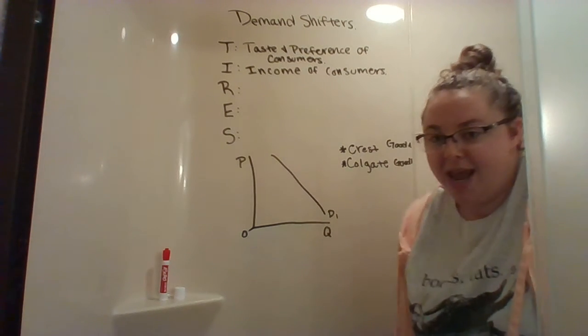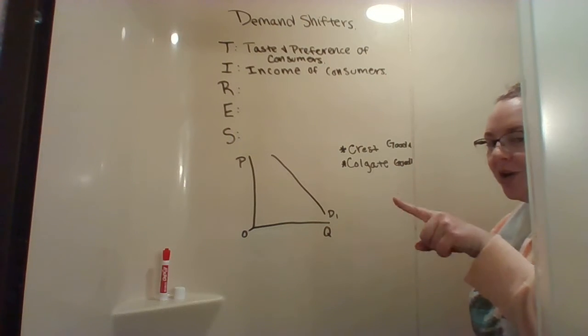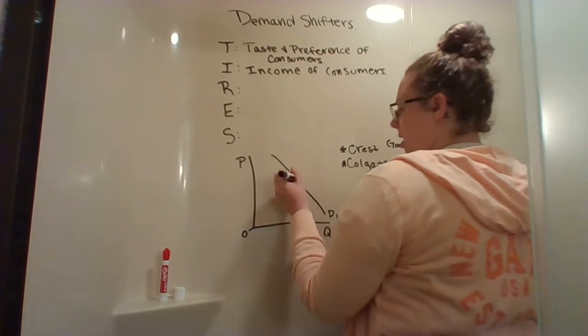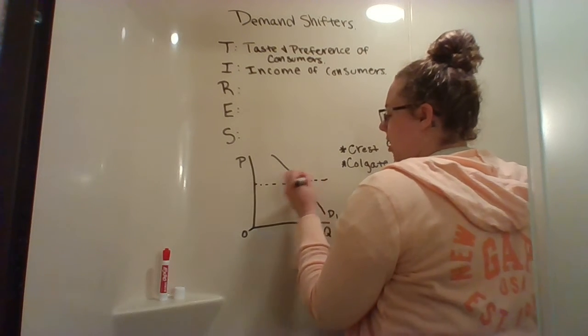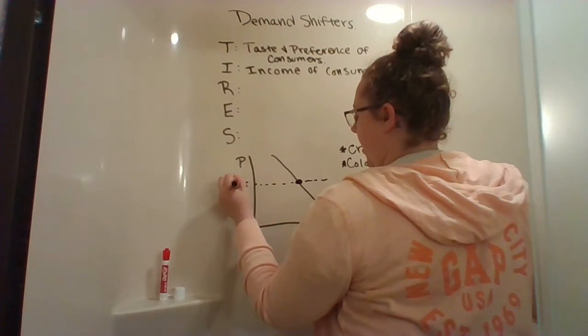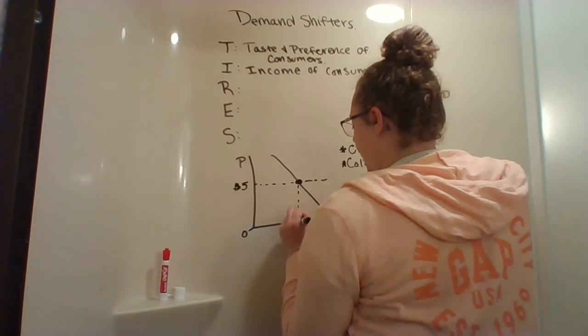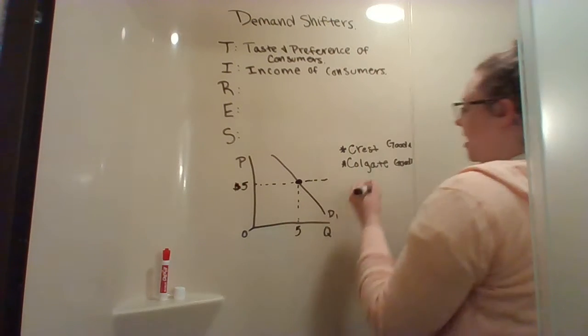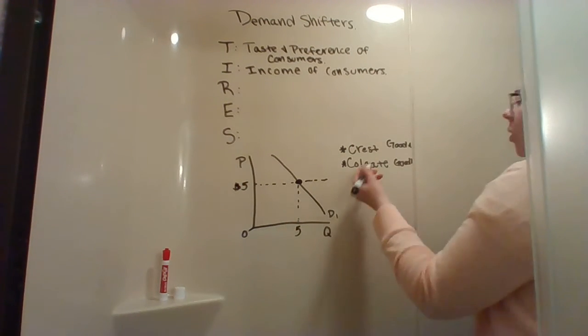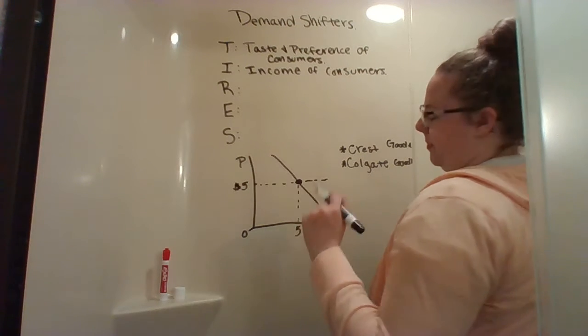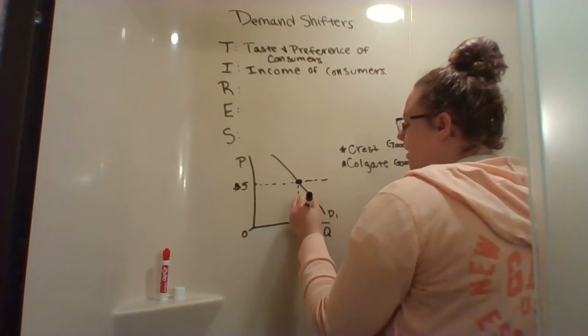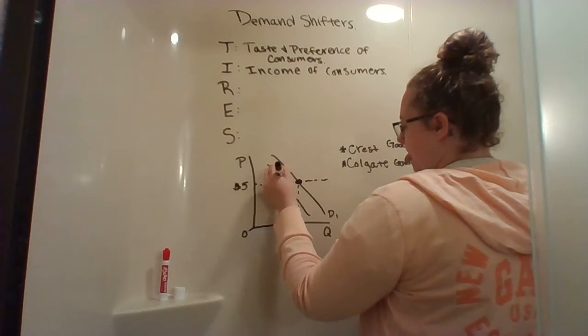For Colgate, demand is going to decrease to the left. So again, your price is still at $5. We're going to get $5 for all of these, okay? The quantity's at 5. Well, if Kanye comes out and says Crest is where it's at, what's going to happen to the demand for Colgate? It is going to decrease, okay?